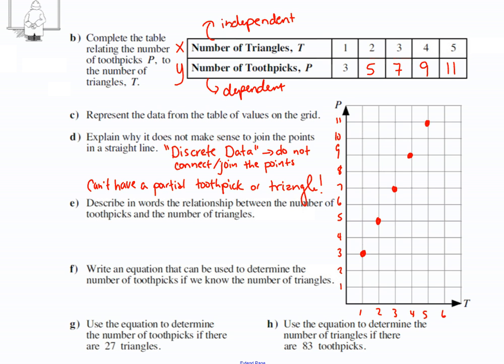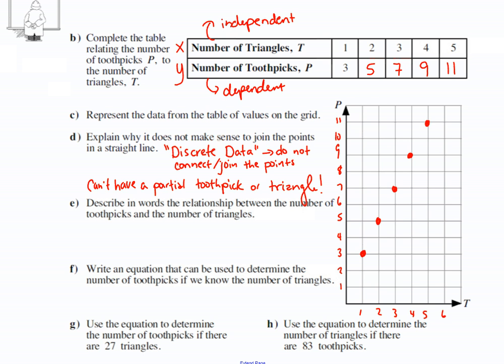Describe in words the relationship between the number of toothpicks and the number of triangles. Okay, so what's the relationship between 1 and 3, 2 and 5, 3 and 7? What are we doing to our number of triangles? Doubling it and adding 1.